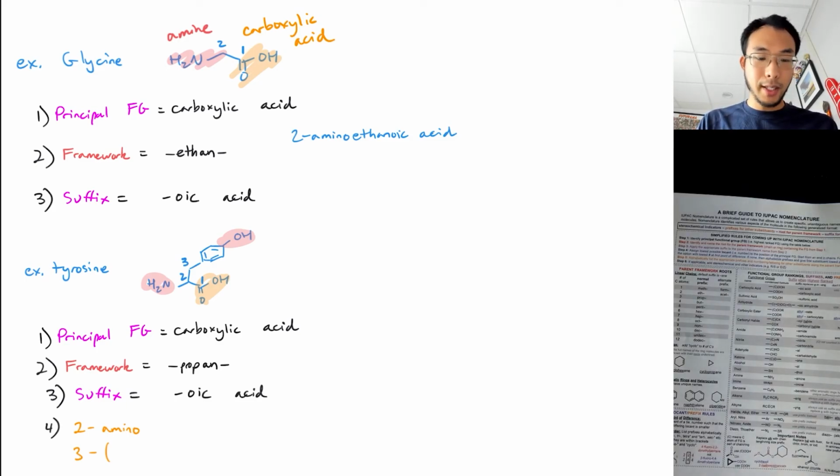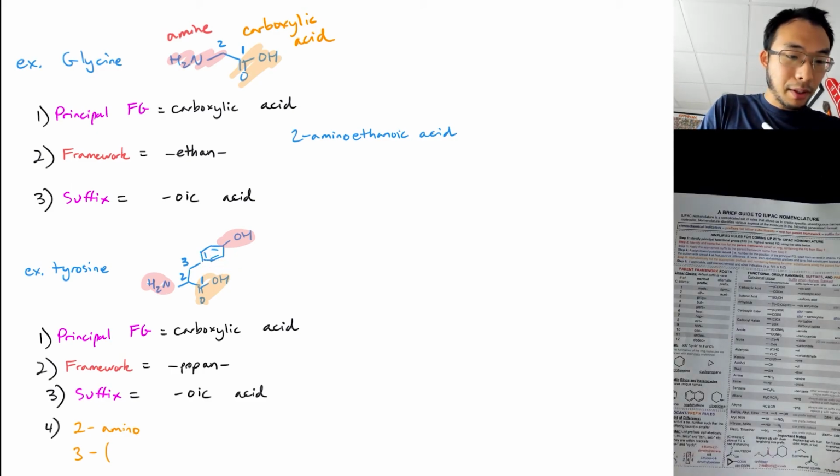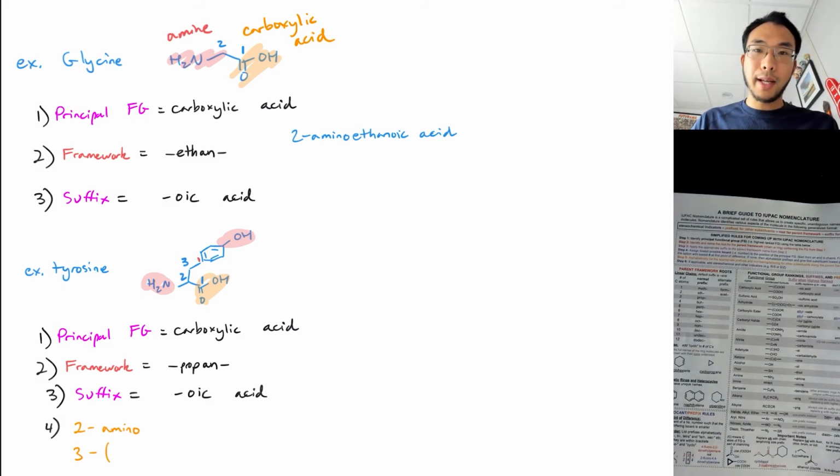So I do a 3 and then a hyphen and then open a parenthesis. Within that, I treat this piece as a separate nomenclature problem in which I can number the principal functional group as being at that location where that benzene ring is attached. And then if I number outward, I get to 4. So there's an alcohol at the 4 position on this benzene ring.